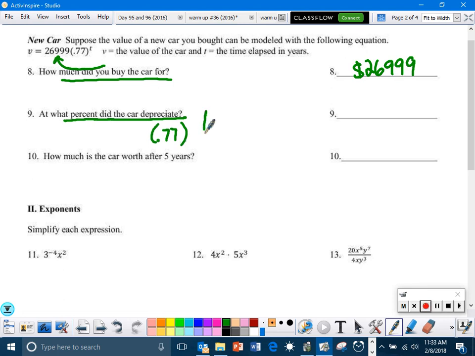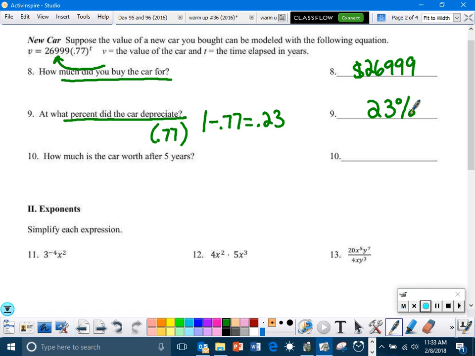I'm going to take 1 minus the 0.77, and that's going to give me 0.23. Multiply that by 100, so the answer is 23%. So the percent that the car depreciates each year is 23%, not 77. 77 is how much of the value remains.